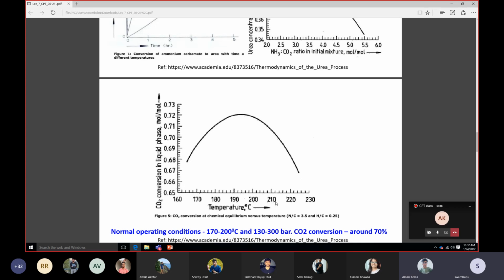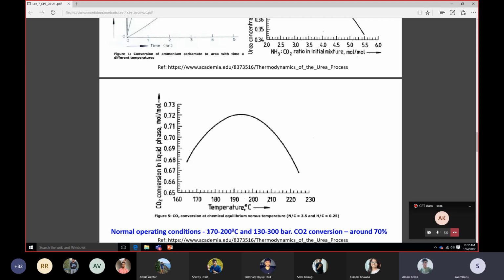It clearly indicates that it is ideal to use between 190 and 200, but we can use between 170 and 200 conditions. So normal urea reactors operate between 170 and 200 degrees centigrade.